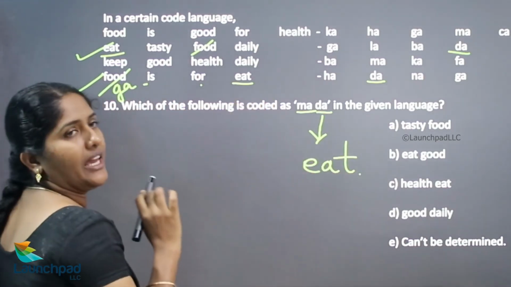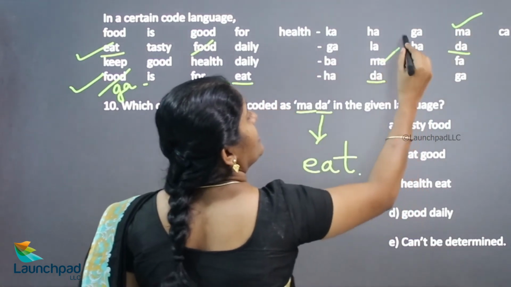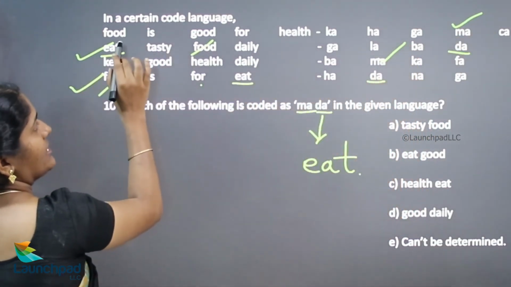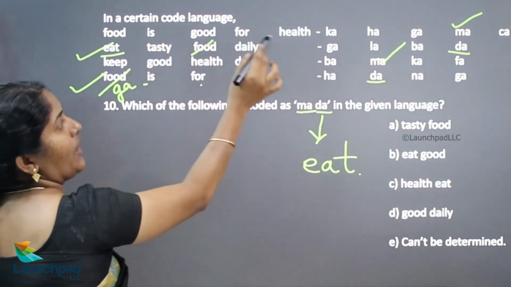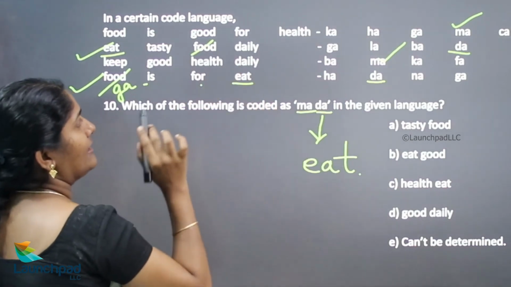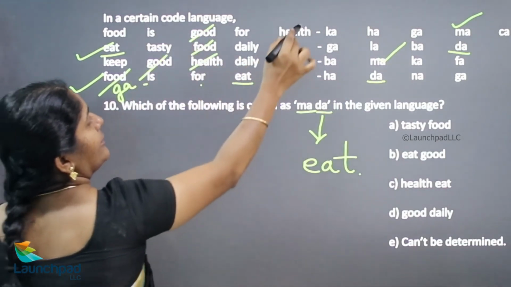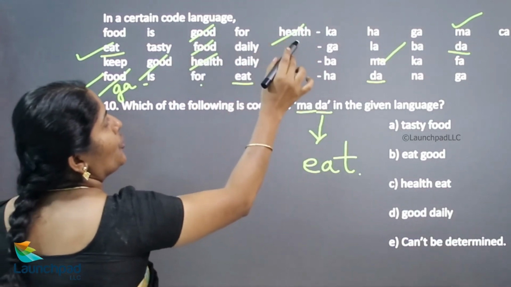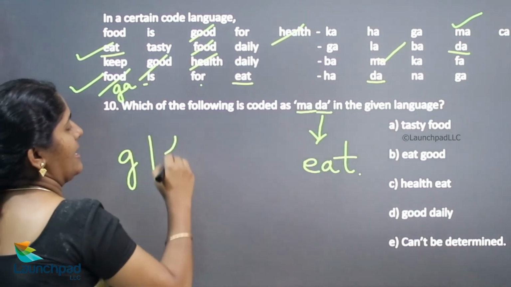Now MA. Where is the MA code available here? The first sentence and the third sentence. Your first sentence is food is good for health. The third one is keep good health daily. So two words are common here: good and health.